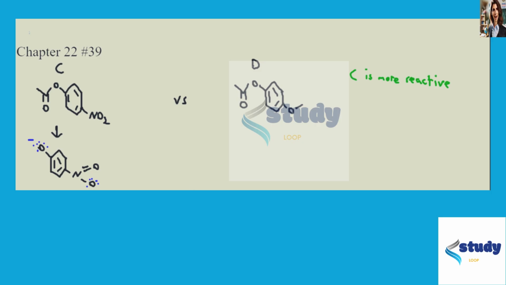So that is going to look like this: 3 lone pairs and a negative charge on this oxygen, this oxygen with only 2 lone pairs and no charge, and a positive charge on the nitrogen. And so we can draw a resonance structure here that's going to look like this.